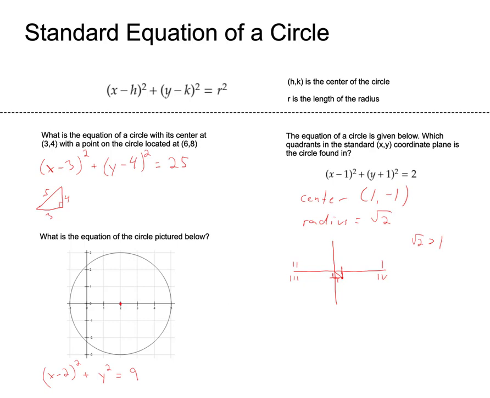In that case, we can use the Pythagorean theorem, which would give us 1 squared plus 1 squared is equal to c squared, or we can say that 2 is equal to c squared, or we can say that the square root of 2 is equal to c. This means that to get our circle into quadrant 2, the radius would have to be longer than the square root of 2. Right now, the radius is the square root of 2, so that just puts us at the origin. So we're only in quadrants 1, 3, and 4.